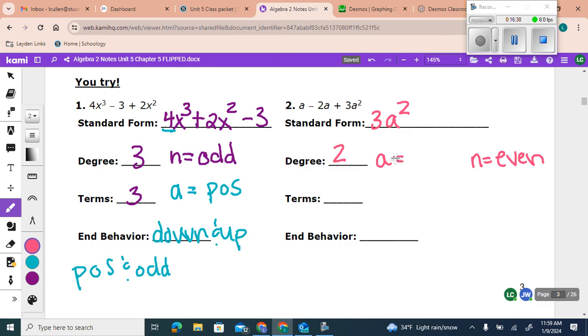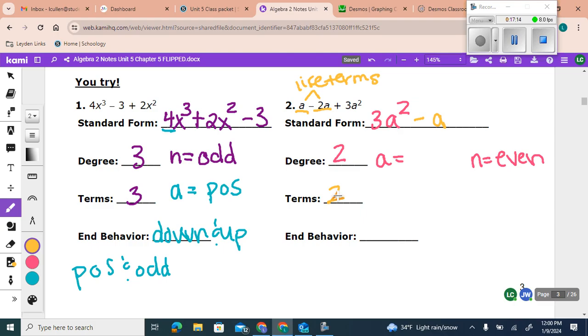Then I have minus 2a plus a. Are those like terms? Yeah. So we're not going to write minus 2a plus a. We're going to write minus a. Like terms. Which means we only have 2 terms.